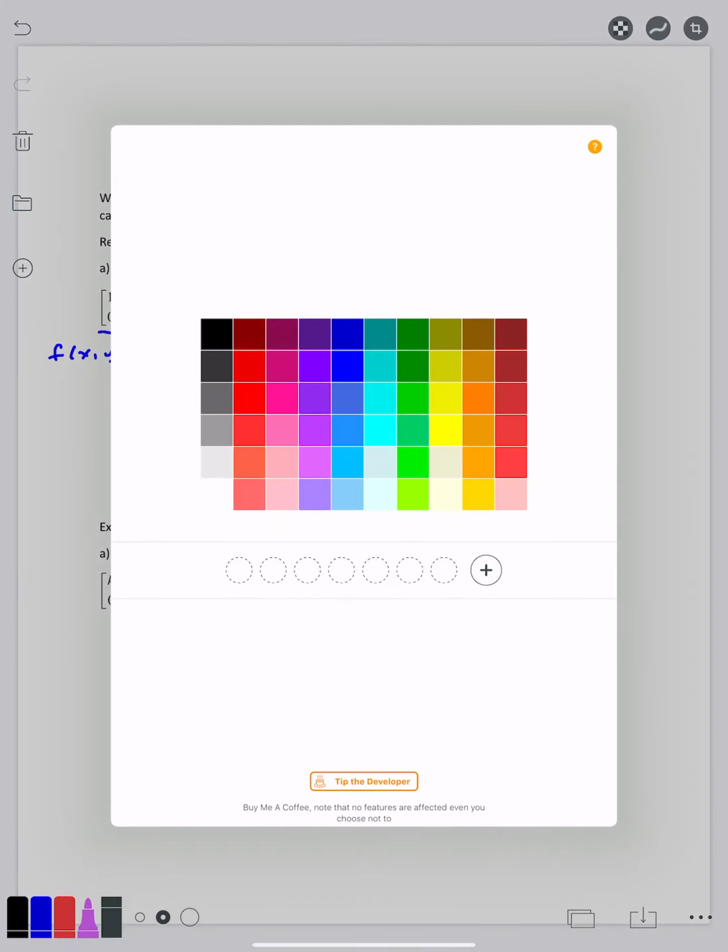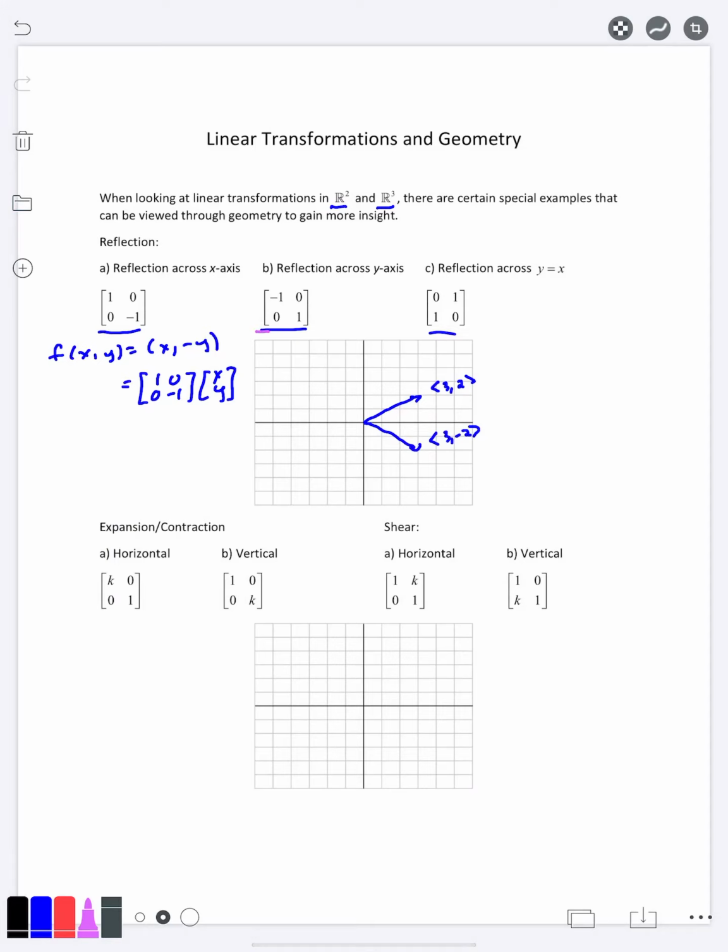Now for the next one here, this is reflection across the y-axis. If I wanted to take that same vector (3, 2) and reflect it across the y-axis, it would be (negative 3, 2). And that corresponds to this matrix as a linear transformation. And then finally, this time I'm reflecting across y equals x.